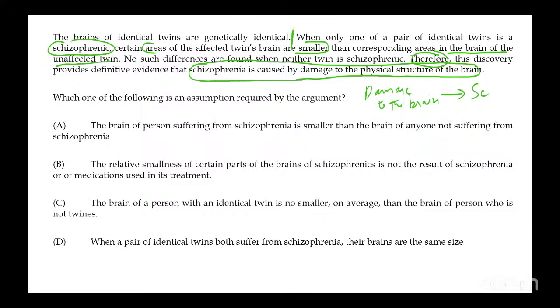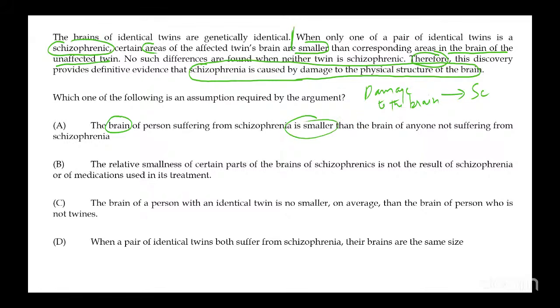Now, let's look at A. The brain of persons suffering from schizophrenia is smaller than the brain of anyone not suffering from schizophrenia. Now that may look attractive at first glance, but just look at it more closely. It says brain is smaller.